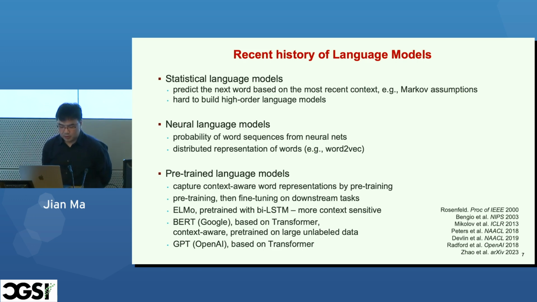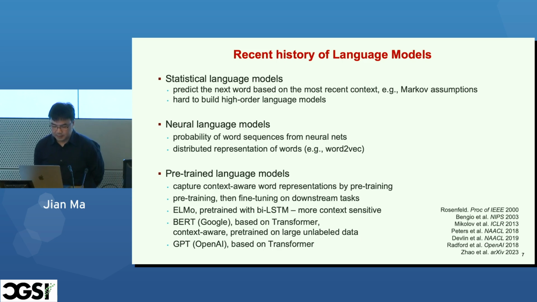And more recently, there are pre-trained language models. The neural language models started around 2000, but these pre-trained language models are a more recent effort.